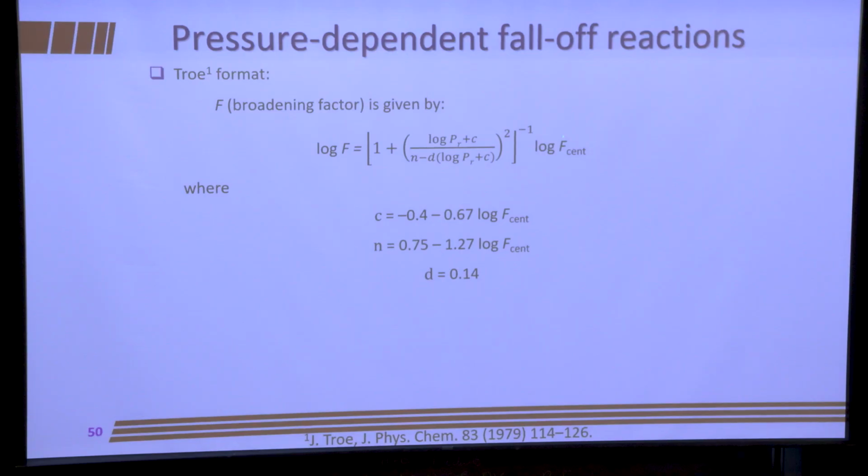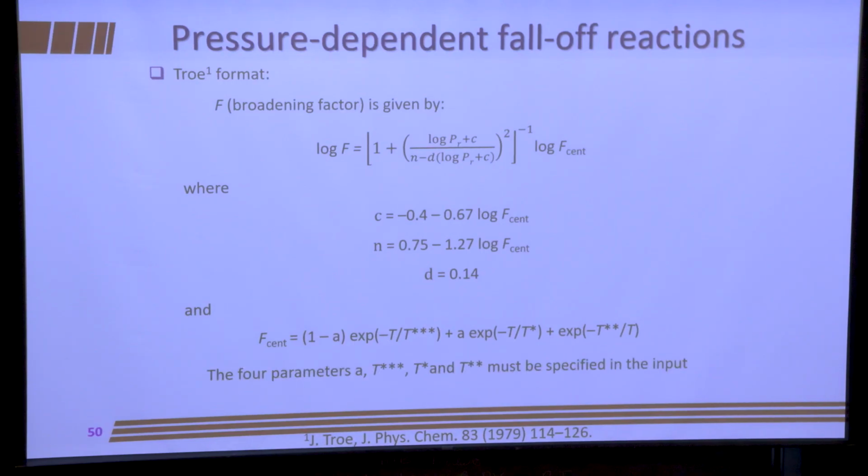But not only that, we have log F cent. Log F cent is 1 minus A e to the minus T over T triple star, plus A e to the minus T over T1 star, plus the exponent of minus T2 star over T. Typically in the Troe format, the 4 parameters A, T3, T1, and T2 are all provided.